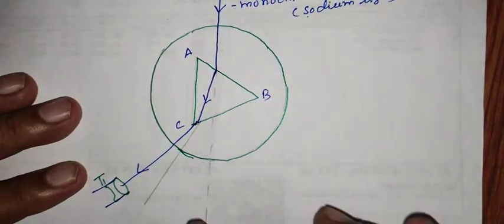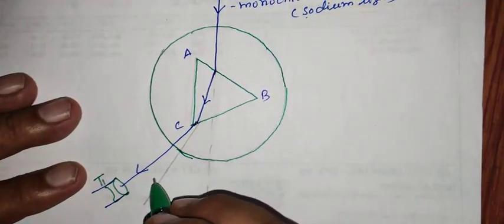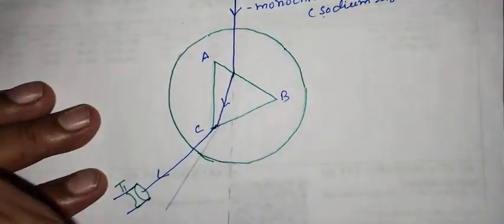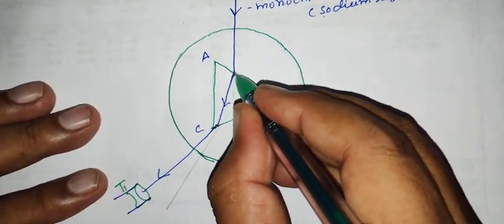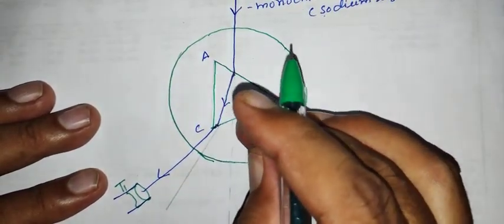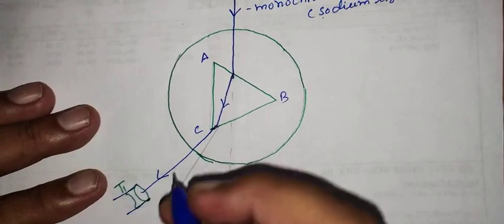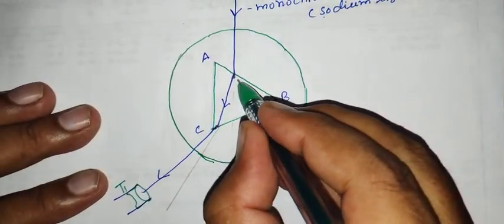this prism table is rotated through different angles. When it is rotated, what happens? Due to rotation of the prism, the refracted ray is refracted in various directions.